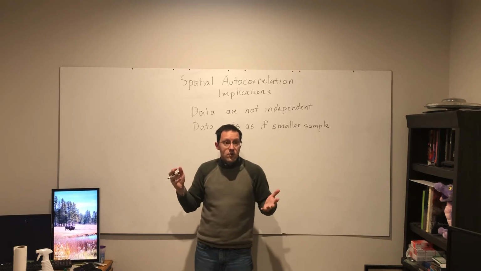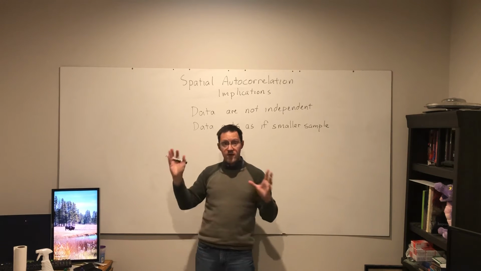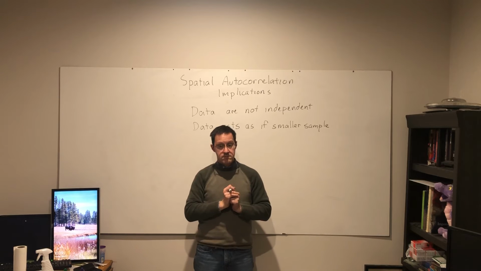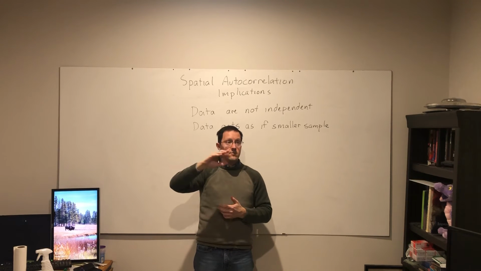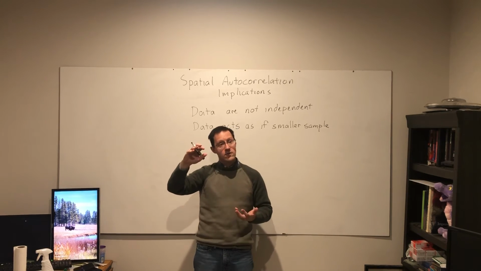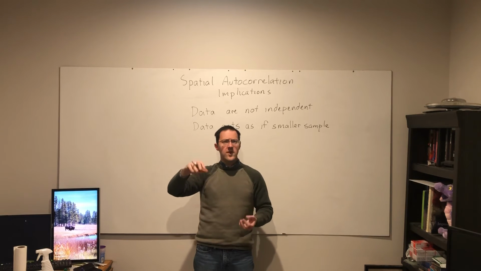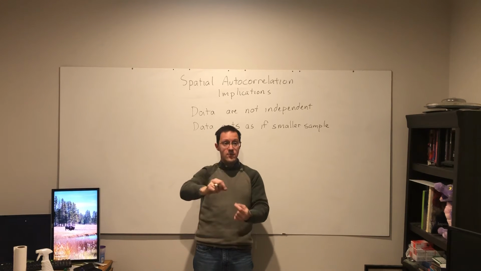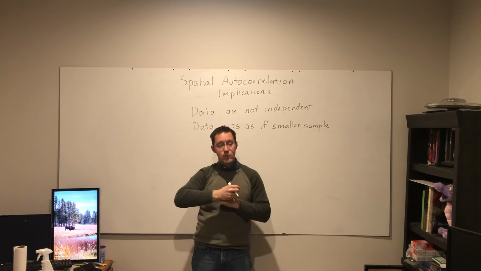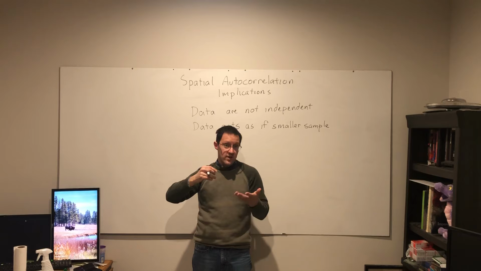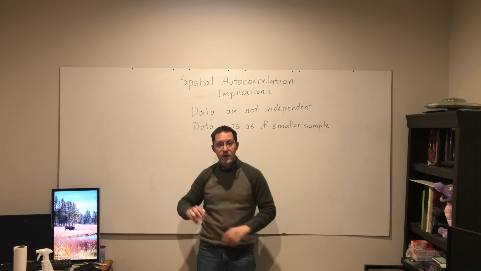Okay, so I have 55 counties in West Virginia. But because Mon County and Preston County are related to each other, it's not necessarily fair to say they are two fully independent observations. They might behave more like 1.3 observations. 1.3 is kind of weird, but that's how the math ends up going.